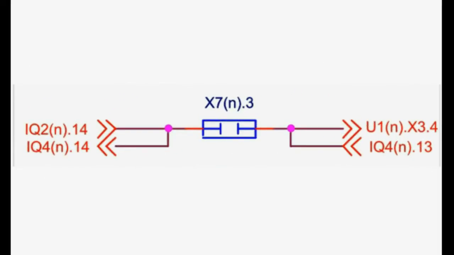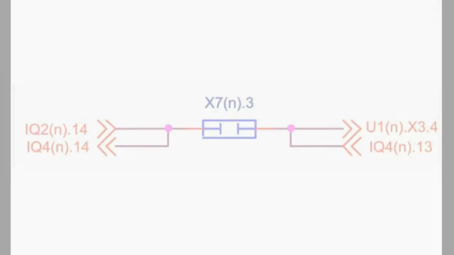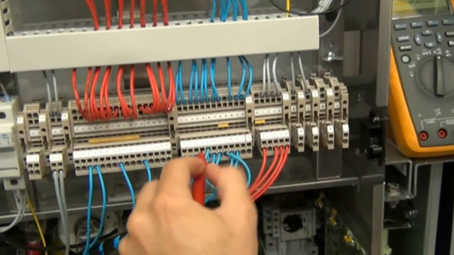The X3.4 connection point comes with a letter written before. In this case it's a U, and this represents the electronic block. We will start checking continuity between X3.4 and X7.3.